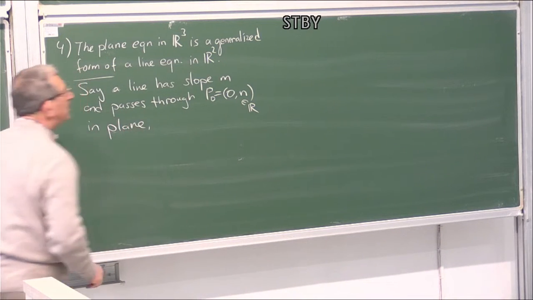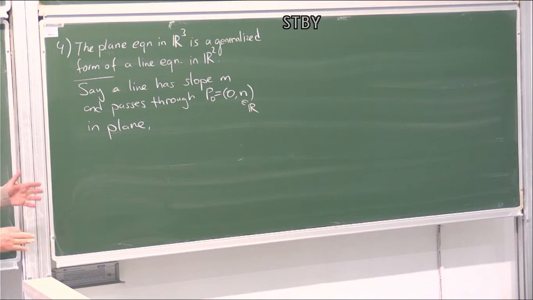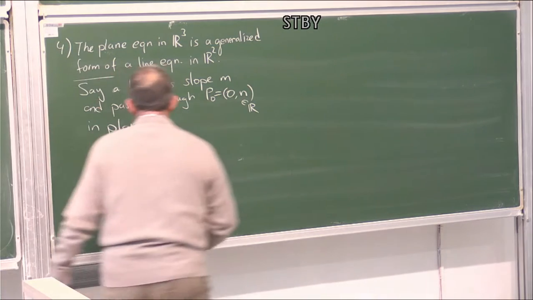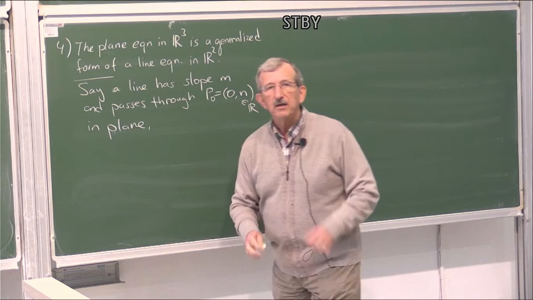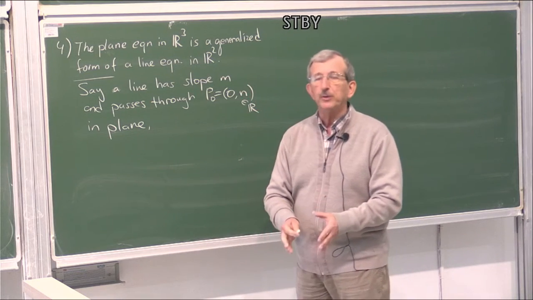In the usual Cartesian plane, we have a straight line, and the line is given by a slope and a point. Now, let us find a perpendicular vector to it.